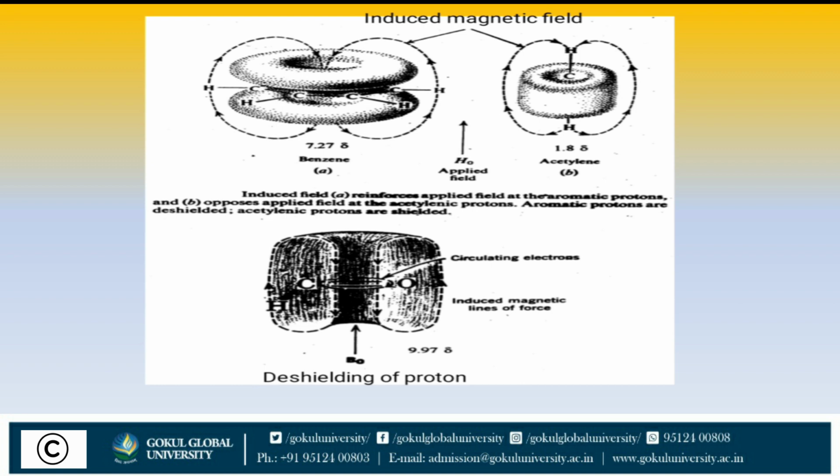The aromatic protons in benzene are deshielded because we see that the induced magnetic field is reinforced to the applied magnetic field, and in acetylene the induced magnetic field is opposed to the applied magnetic field.